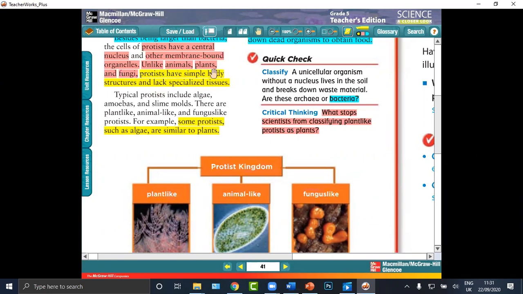Some are unicellular and they lack specialized tissues and have simple body structures. I will repeat: some are unicellular and they lack specialized tissues and have simple body structures.